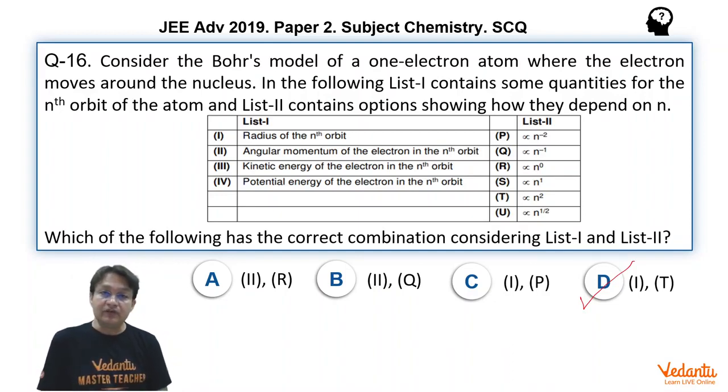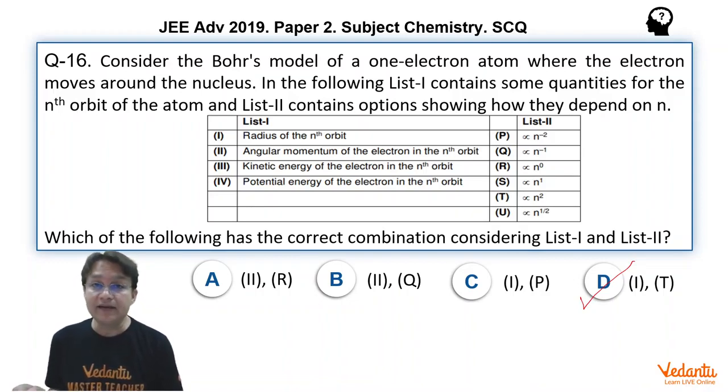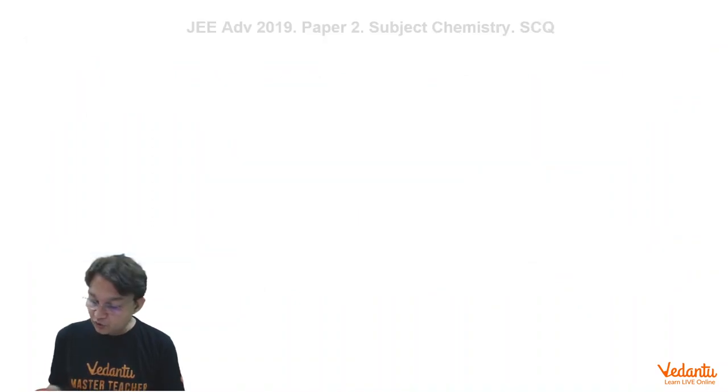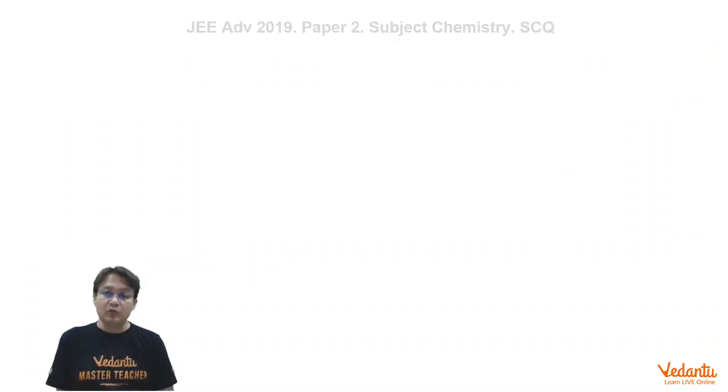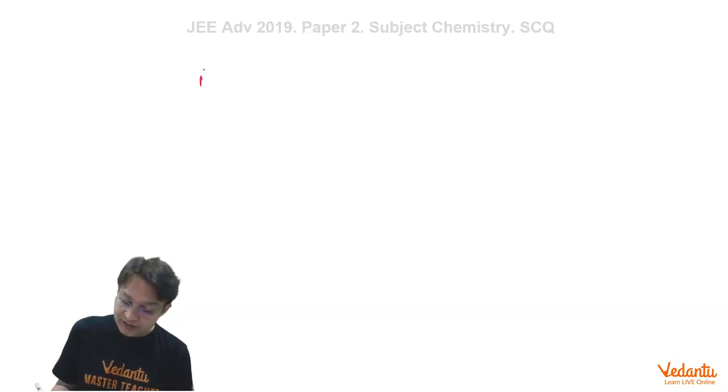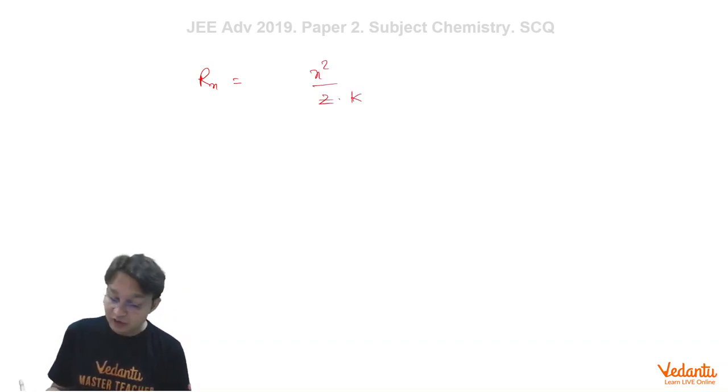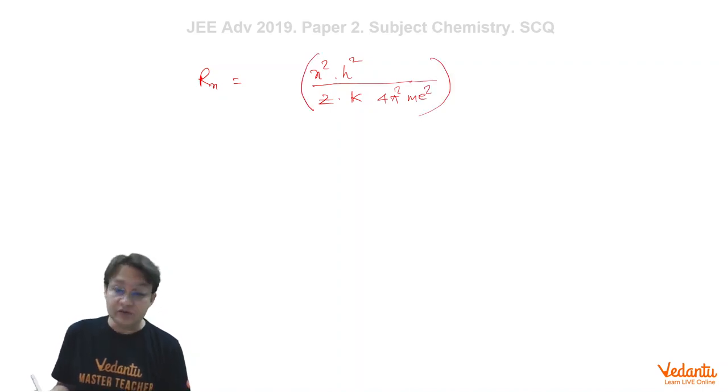So basically the question is very simple, but you need to look very carefully into all the options. It's a time consuming problem, but a very easy problem. The funda of this problem is you must know the various dependencies in the Bohr's model. Even if you don't know the full expression of Rn, which is n square upon Z, with k standing for 1 upon 4 pi epsilon naught, and h square upon 4 pi square m e square, you don't need to remember this.